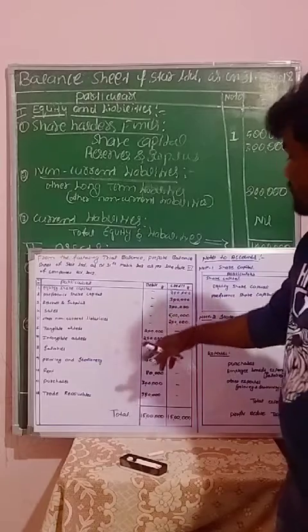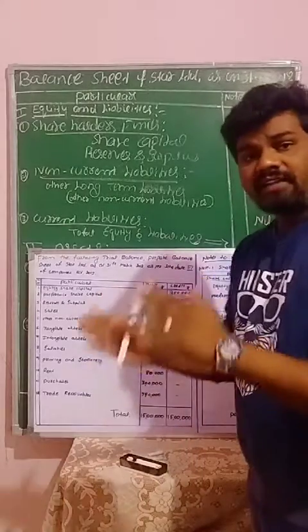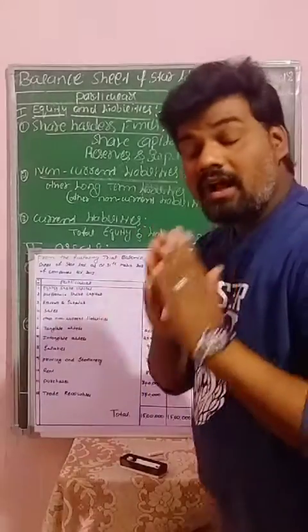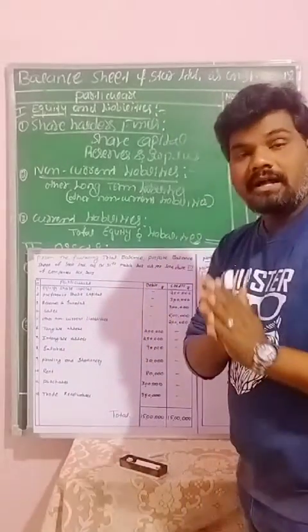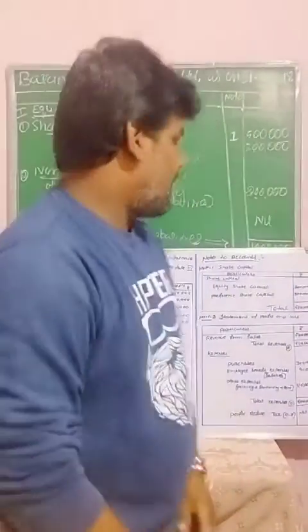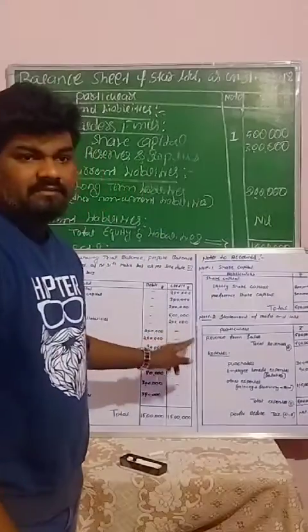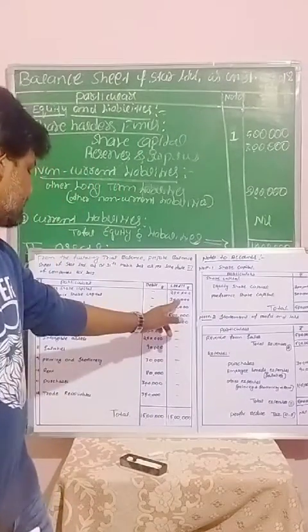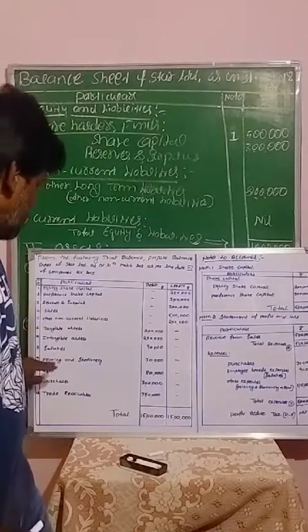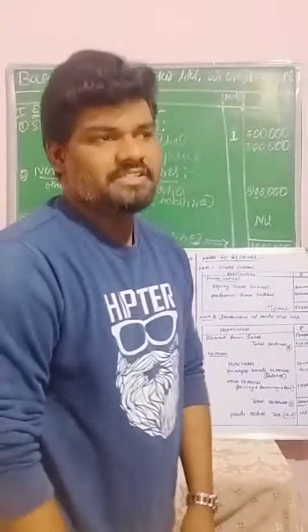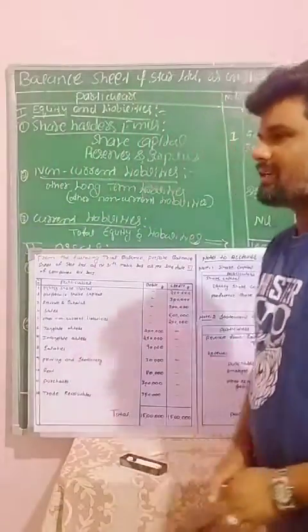In the debit column we can record all the assets as well as expenses in the business organization. And in the credit side, we can record all the liabilities as well as capital, including incomes. All such transactions we can record on the credit side of the trial balance.